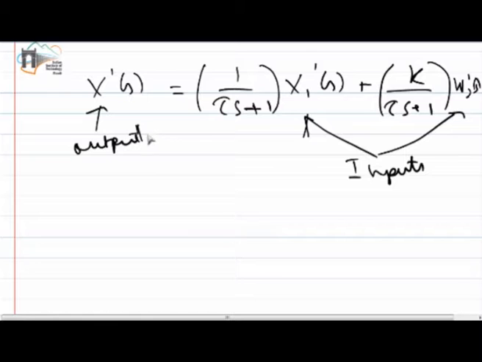So now I have successfully figured out the model of the system. So I could denote this as G1(s), and this one as G2(s).